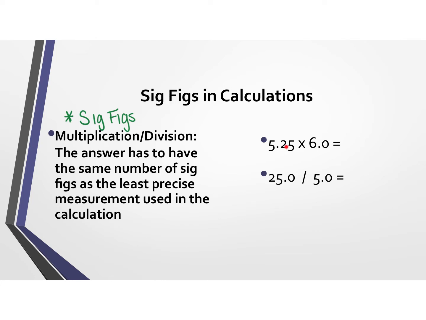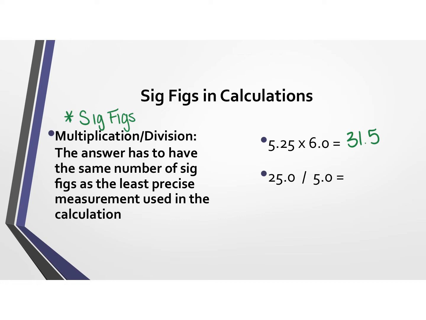Okay, go ahead and type this into your calculator. What's 5.25 times 6.0? Okay, 31.5. Do y'all agree? So this time we count sig figs. How many sig figs are in 5.25? Three. How about 6.0? Two.